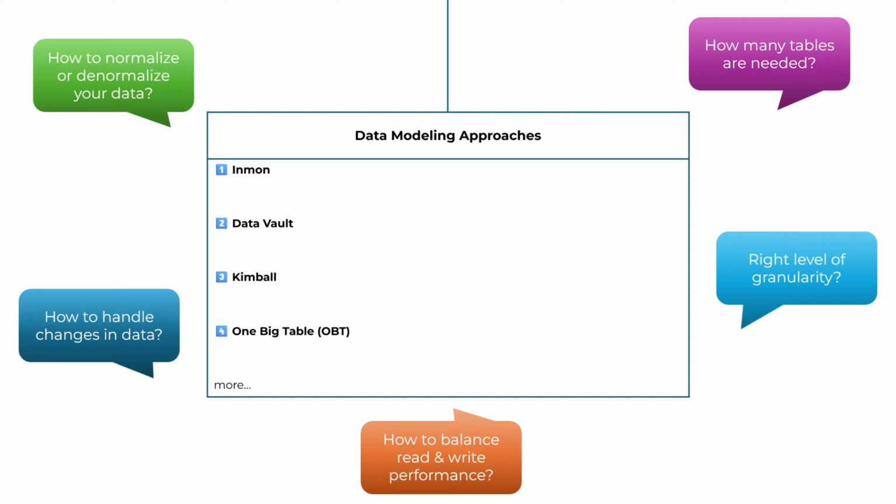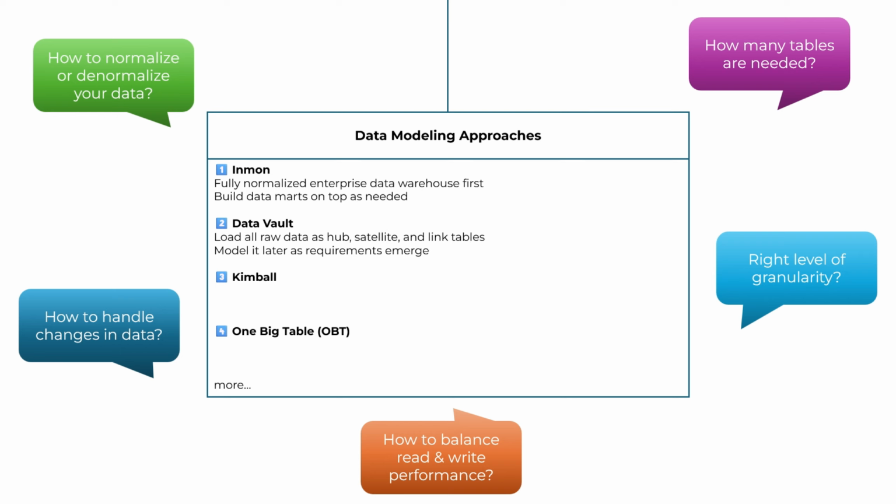At a very high level, the Inmon approach focuses on designing a fully normalized enterprise data warehouse first, and then building data marts on top of it as needed. The Data Vault approach prioritizes loading all raw data into the data platform as hub, satellite, and link tables, and modeling it later with other suitable approaches as your requirements emerge.